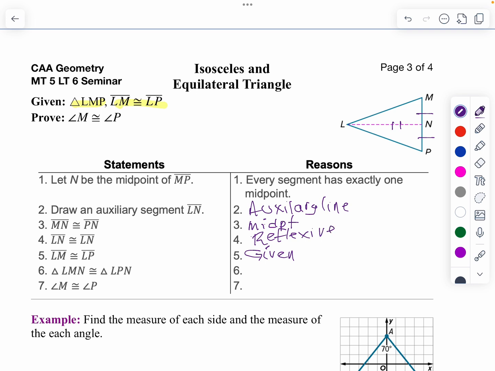And LM, we'll put 3 tick marks on there, is congruent to LP, because I'm given that. Then why are these 2 triangles congruent? Well, notice you've got side, side, side. What's always the reason after the triangles are congruent? That'll be CPCTC: corresponding parts of congruent triangles are congruent. So we know angle M is congruent to angle P.